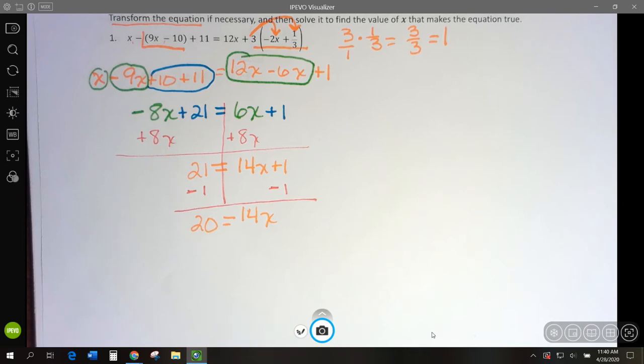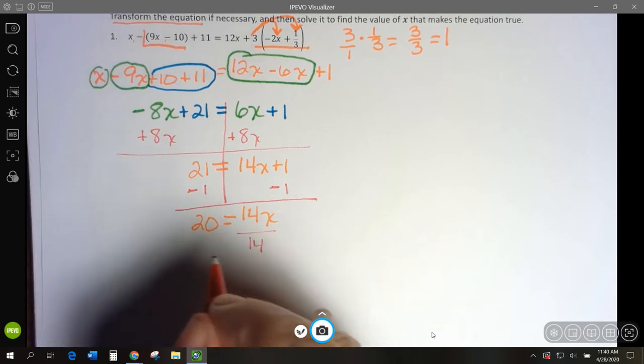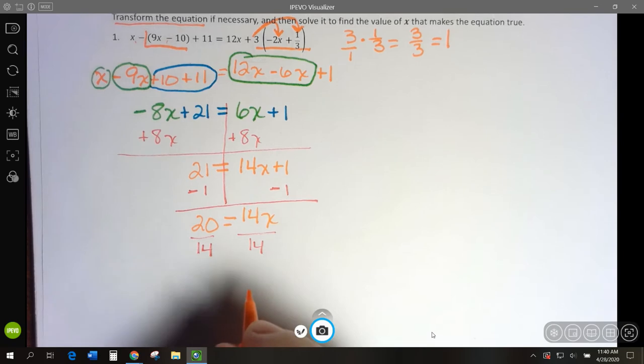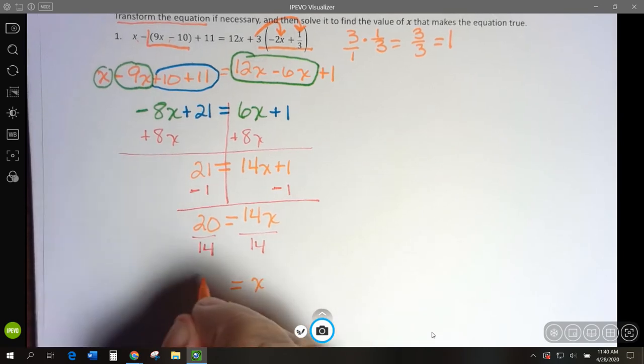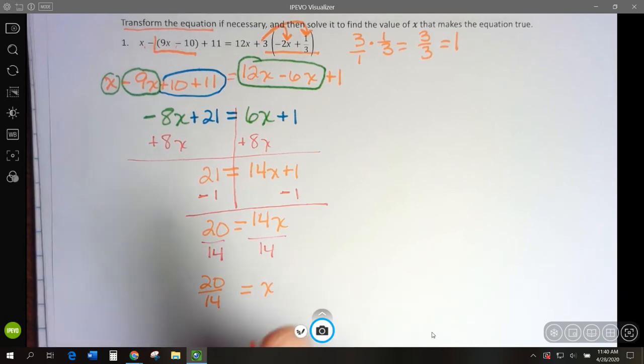And now, this is multiplication. To get rid of multiplication, we divide by 14. And we're going to end up with x equals 20 over 14. Now that can be reduced by 2, so x could be 10 over 7.